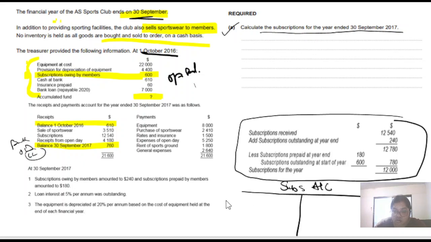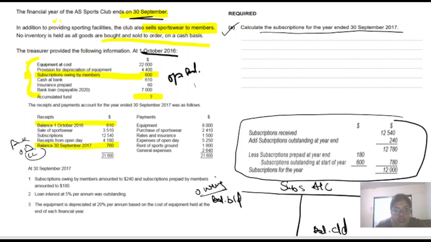First you need to write down the balance brought down and the balance carried down of owing. So first we have to find the opening balance of owing and the closing balance of owing.